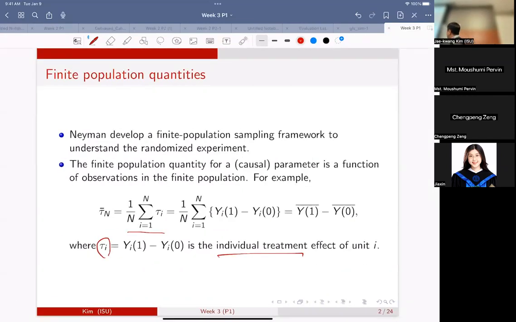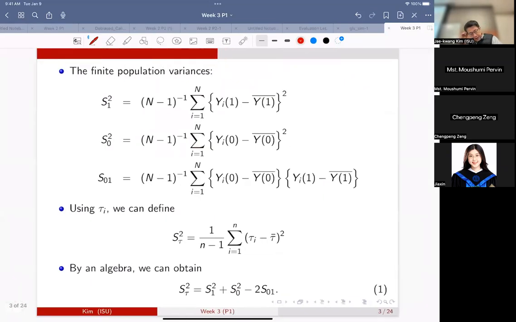So here's some notation. I use the subscript N to emphasize that this is the mean in the finite population of size capital N. So this is a finite population variance, using the y1, and this is using the y0.